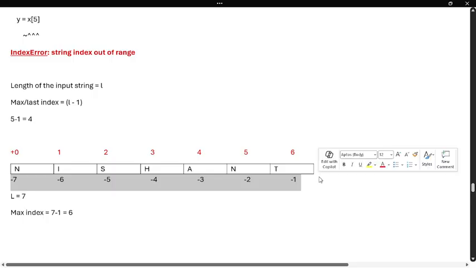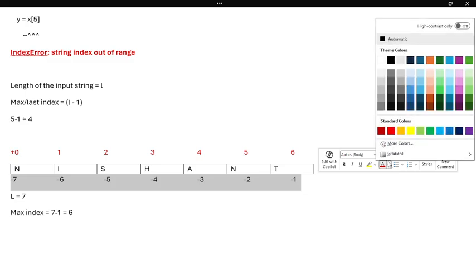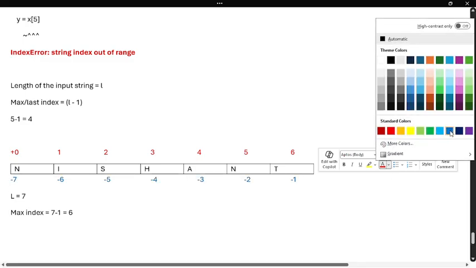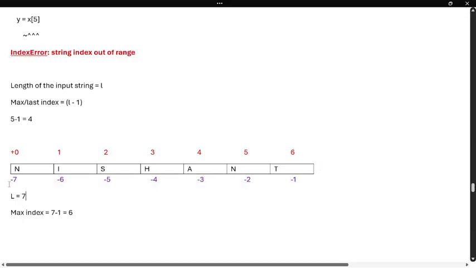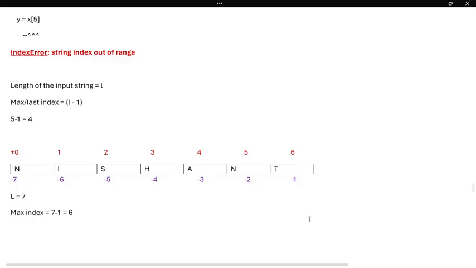When you are going to go with the minus sign, it is going to start with the maximum character. What is the length? 7. So maximum character will be -7, -6, -5, -4, -3, -2, -1, which means it is going to start in the opposite direction.